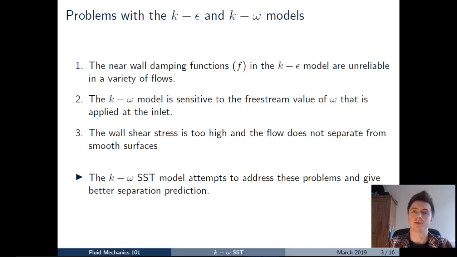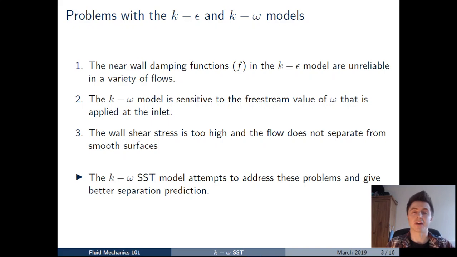The K-epsilon model was developed first, and it was found that the damping functions that are necessary in the K-epsilon model become unreliable when applied to a variety of flows that are different to the original flows used for their calibration. And so the K-omega model was developed in response to this to give better near-wall behavior that's less sensitive and doesn't require near-wall damping functions.